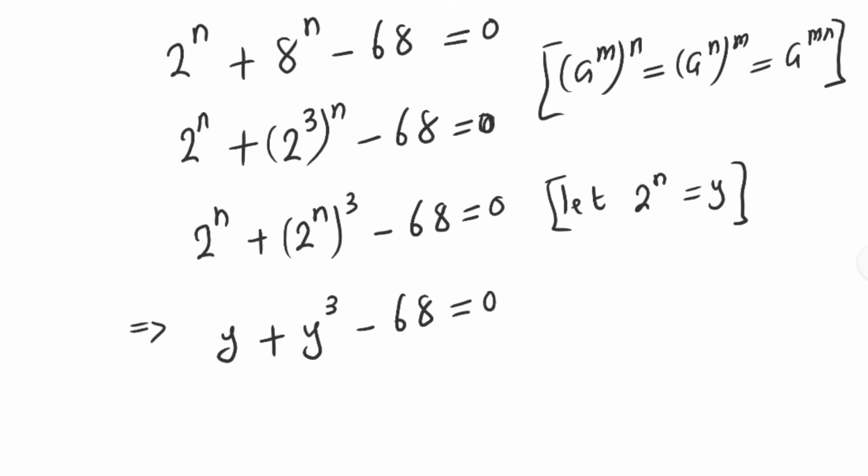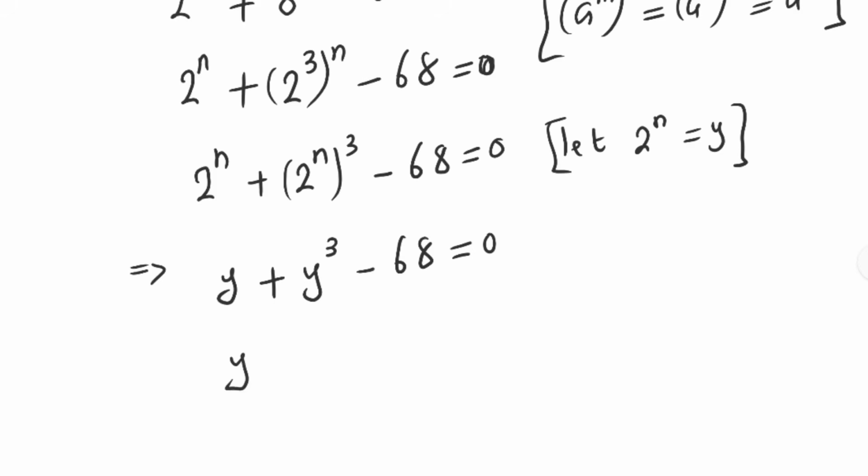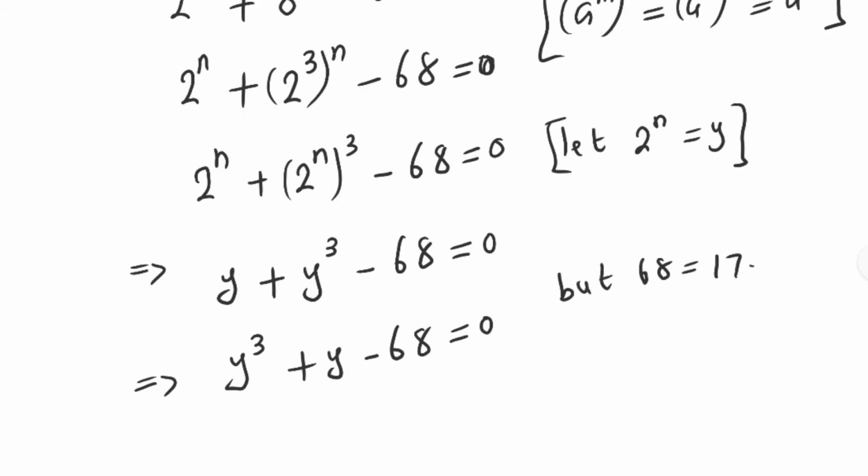Let us put this in standard form. y raised to power 3 plus y minus 68 is equal to 0. But 68 is equal to 17 multiplied by 4. Then this y, the coefficient here is 1. This can be written as 1 is equal to minus 16 plus 17.